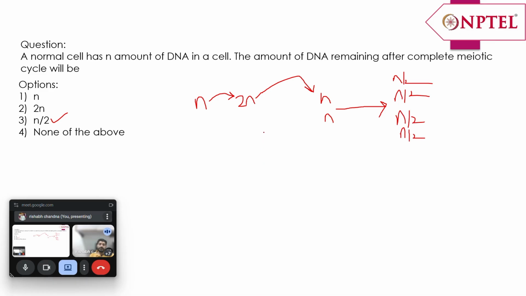After completion of the final meiotic division, the DNA present in all the cells would be n by 2. Because meiosis gives rise to haploid cells, that would yield n by 2 DNA amount in the offspring. So the correct answer is option number 3.